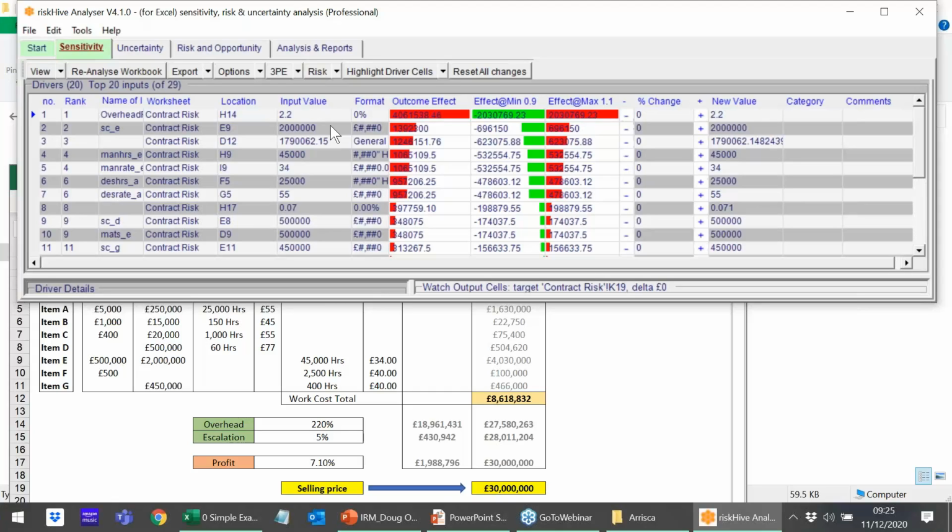Doing it as a first step means we can pre-screen our model to find out what the most significant factors are, so that we can really focus our Monte Carlo efforts on those.